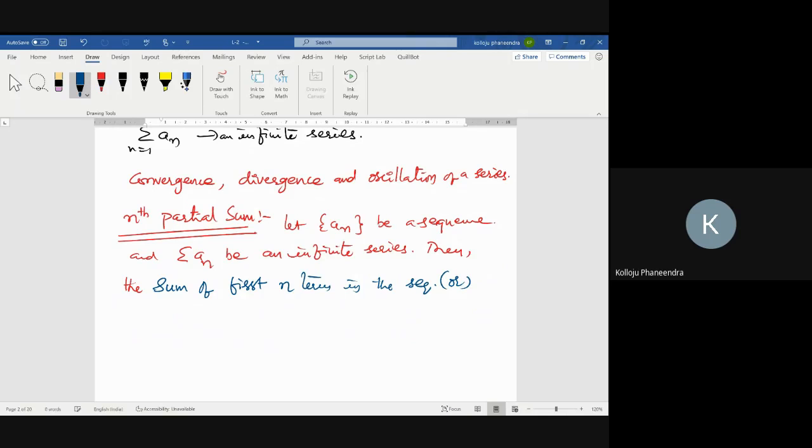or directly you can write in the series, the sum of the first n terms in the series is called the nth partial sum. That is, sigma an equals a1 plus a2 and so on, plus an plus the n plus 1th term and so on, an infinite series.